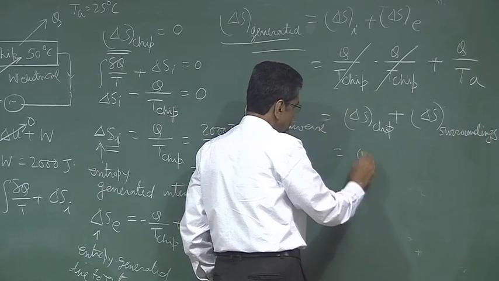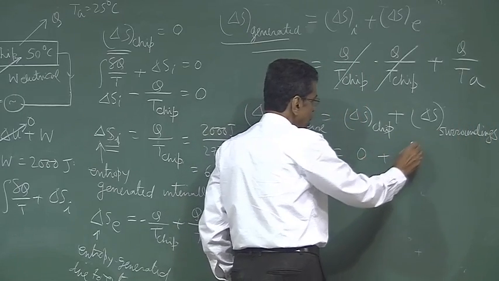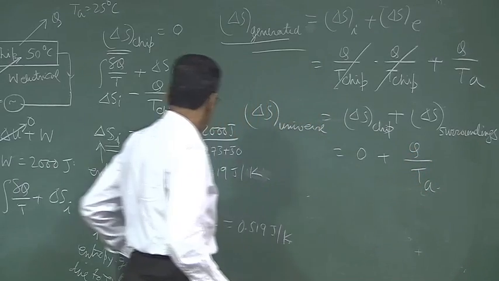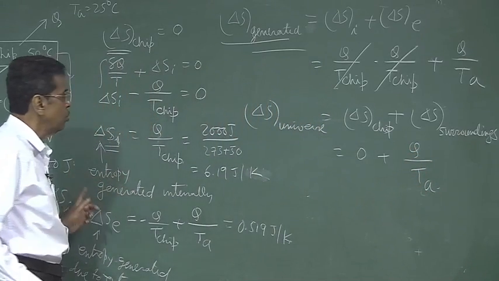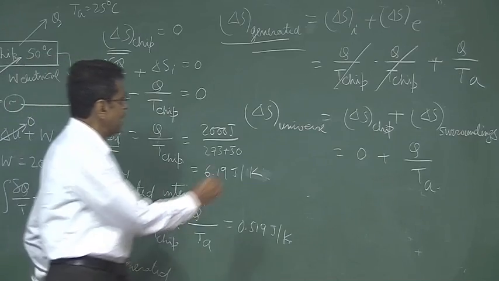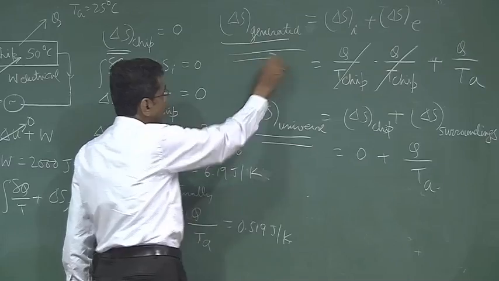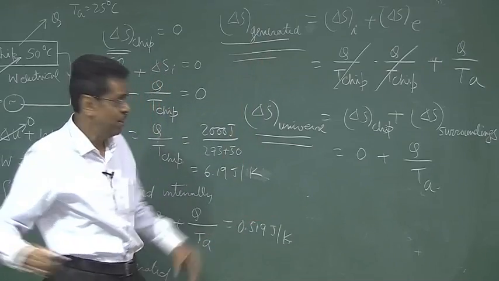The entropy change of the chip is 0, and the surroundings will be Q by TA, where Q is equal to 2000 joule.